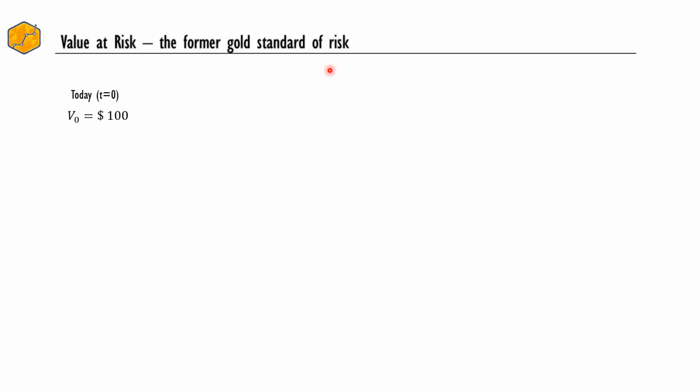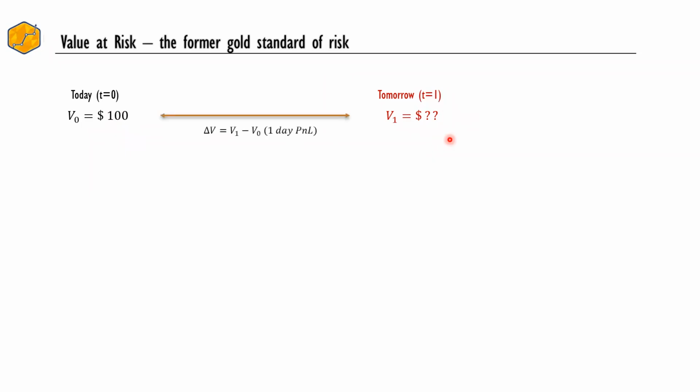Basically, let's say today the value of your portfolio is $100. And then you're thinking about what the value of the portfolio will be tomorrow. It is a random variable. We don't know what the value of the portfolio will be tomorrow. It could be a portfolio, it could be an instrument. Today it's $100, tomorrow I don't know.